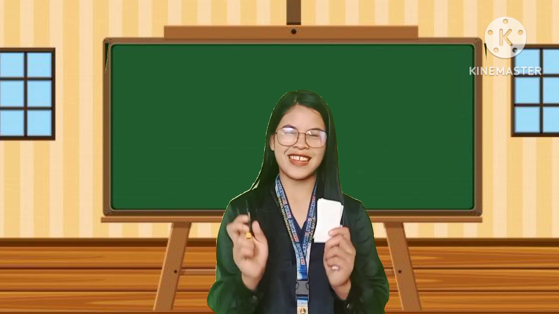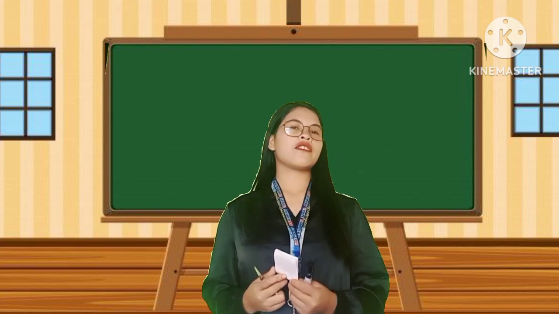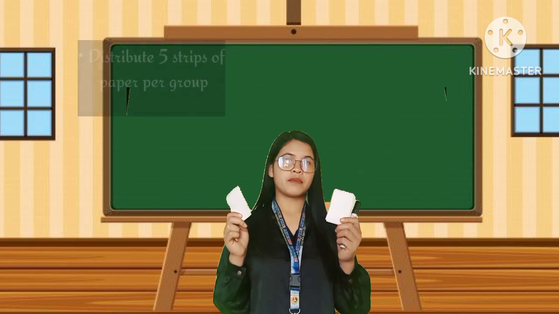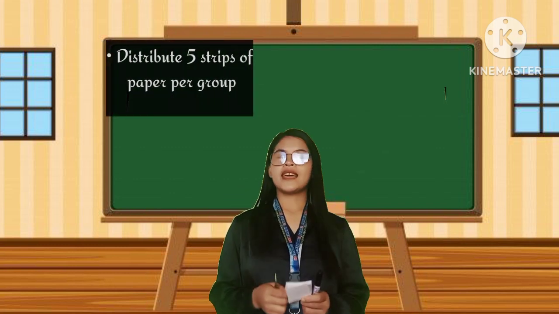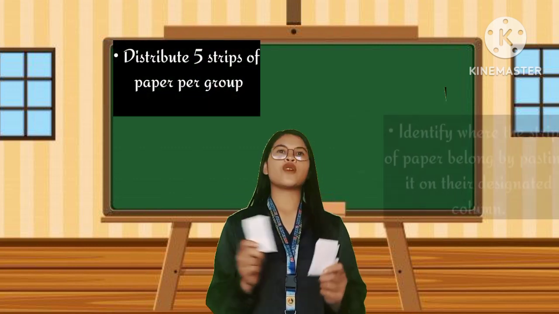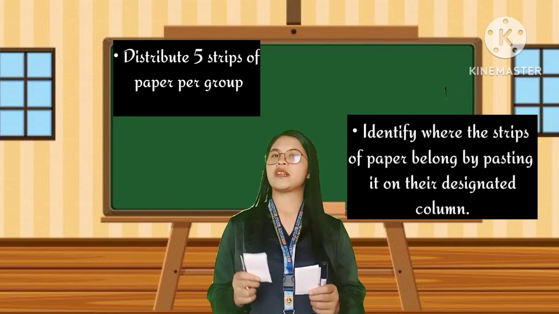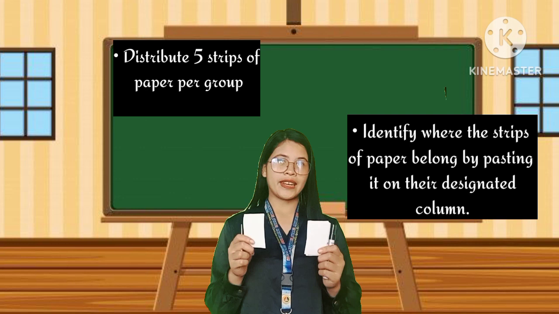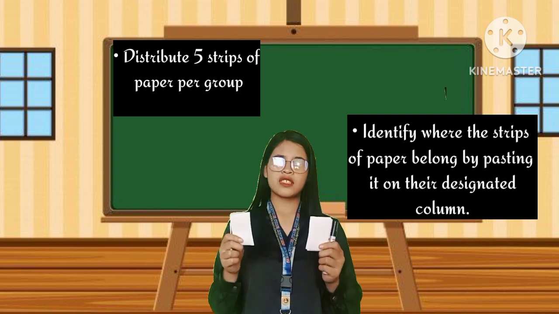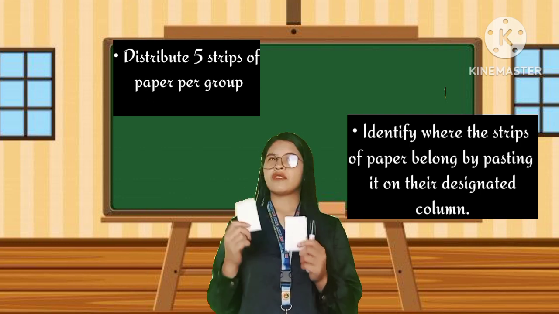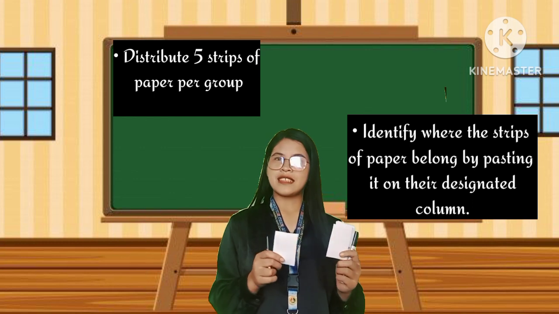This is one easy task. I am going to give you 5 strips of paper for each group. Your task is to identify where these strips of paper belong by pasting them on the board, whether they belong to clause, phrase, or sentence.